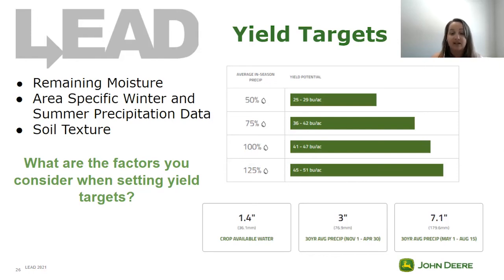So you may want to go with 75%, and you're looking at what your target range is at 75% rainfall in season with X amount of crop available water remaining and what your winter precipitation is. Soil texture also plays a factor in this because your crop available water is going to be different based on your soil texture, and then also the water holding capacity of your soil through the growing season as well.